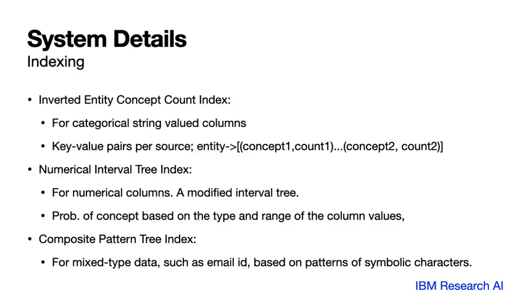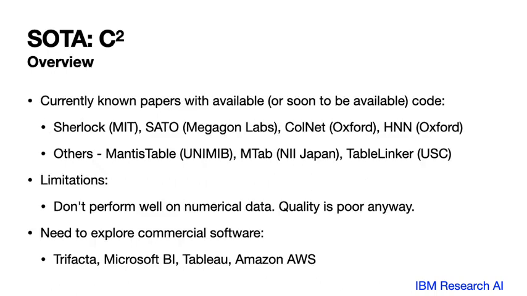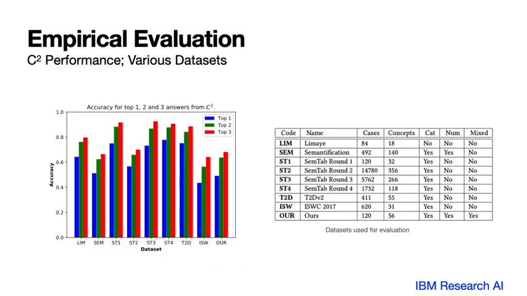One can find several system details in the paper, but I'll briefly talk about comparison to then state-of-the-art systems such as Sherlock, Sato, and Colnet. And we used 8 different openly available benchmarks from some of these papers, and some of them were from the SemTab challenge, and one of them was actually created by us, which is also available online.